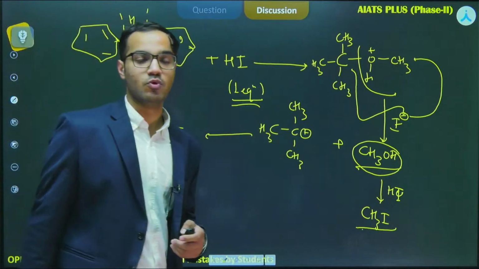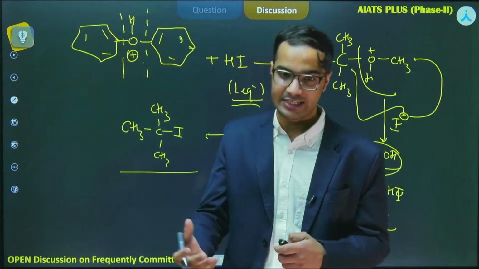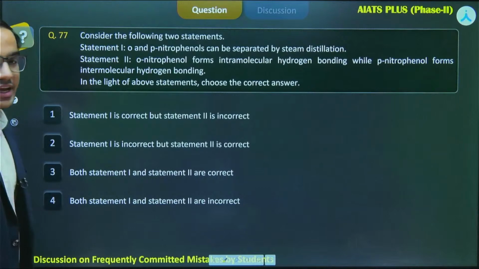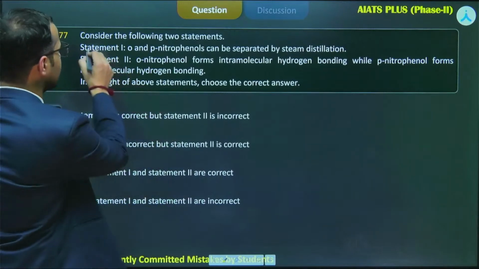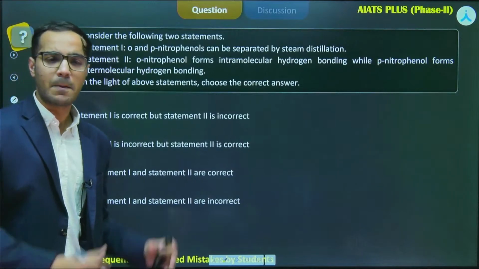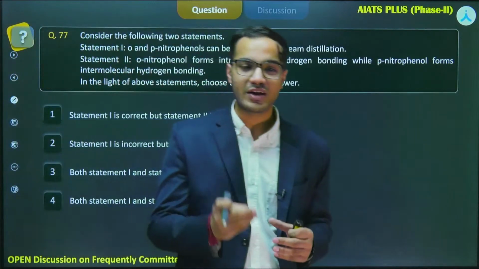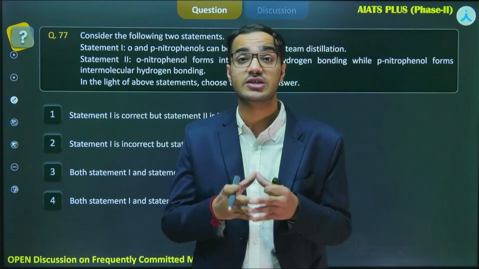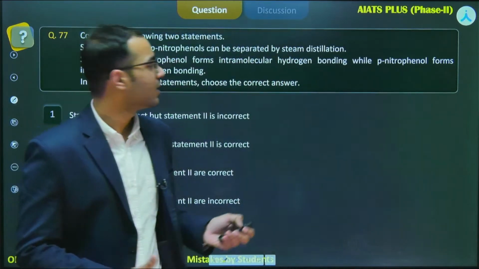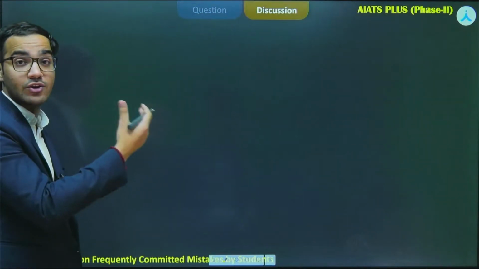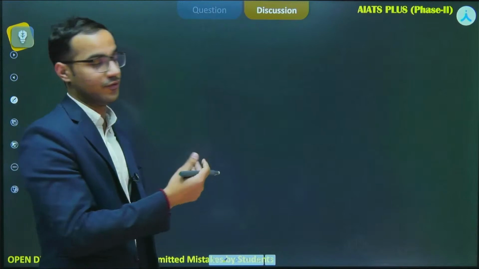Okay, let us move to the next question or next concept we are dealing with. Yes, we are given two statements. The first one is orthonitrophenol and paranitrophenol can be separated by steam distillation. Before going to this question, we will discuss some physical properties they are dealing with. We should know what is orthonitrophenol and what is paranitrophenol. Let us see.